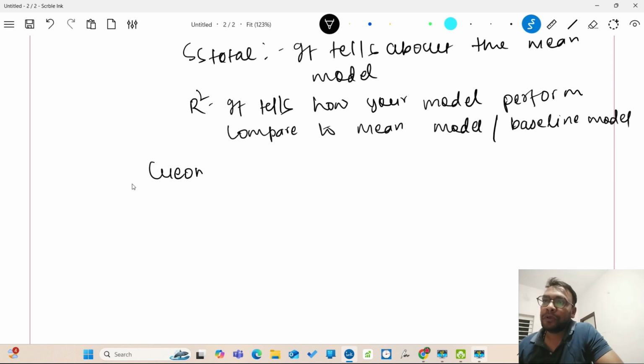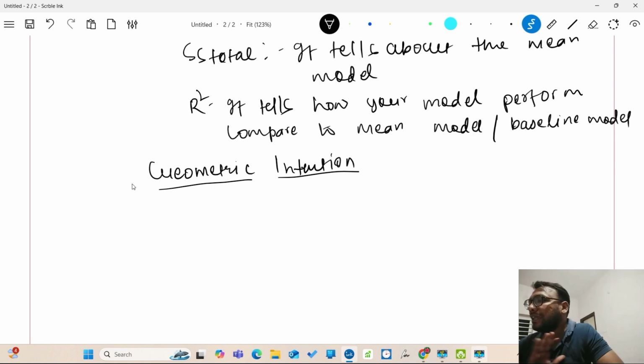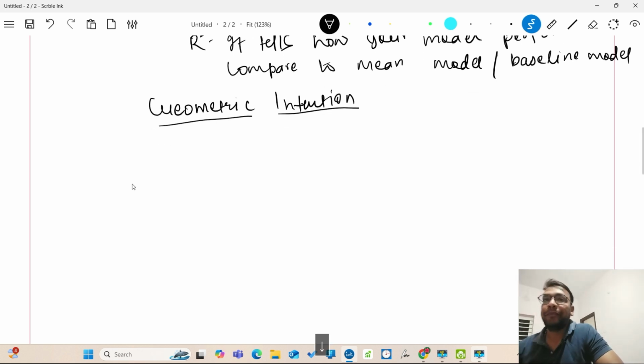In machine learning and data science, visualization is one of the important aspects of any model. If you don't visualize, then you are not able to explain anything in machine learning or data science. So always try to give some geometric intuition, some visualization of how it works, then you understand.